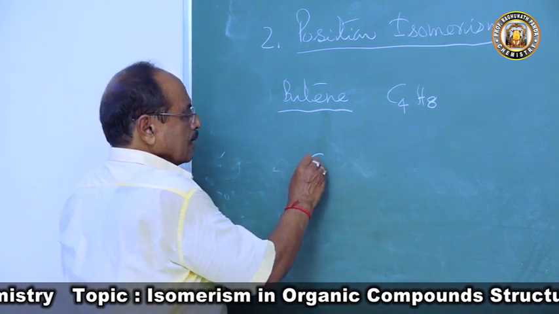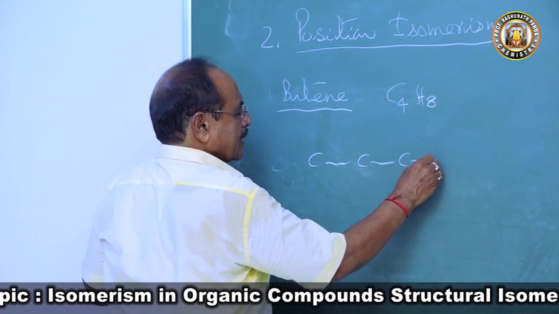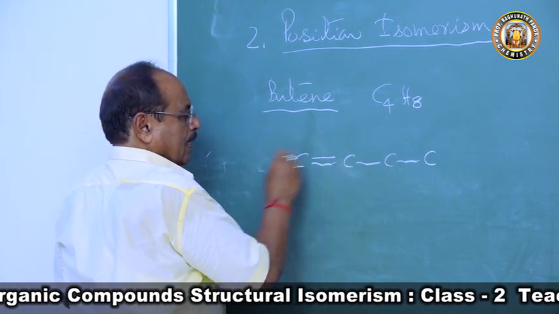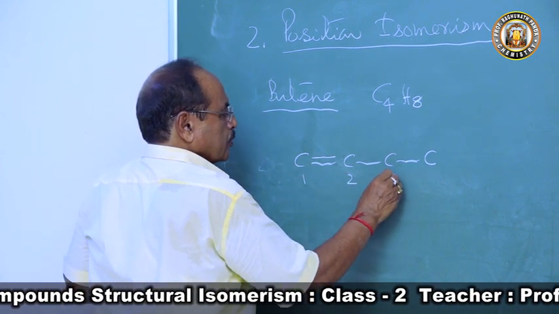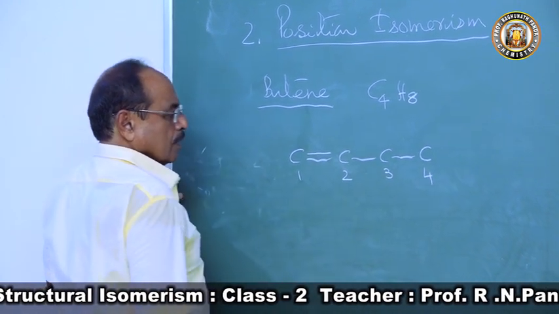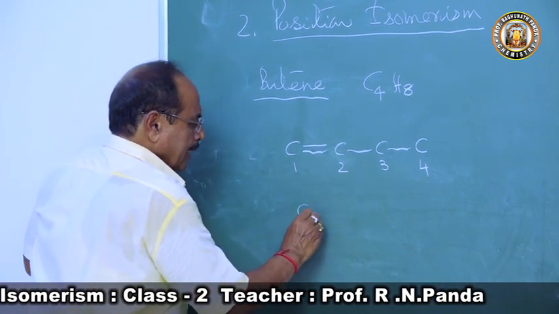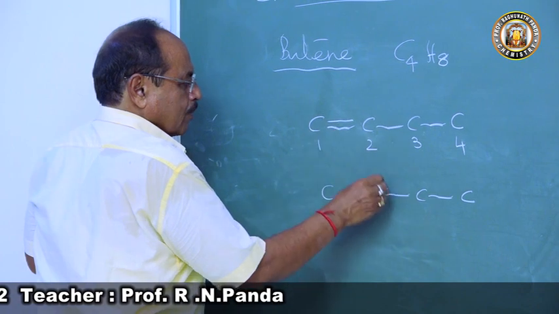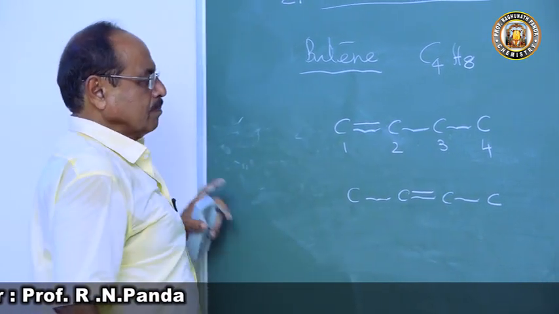We have 4 carbon atoms; we can write them in a long chain and put the double bond at carbon 1: 1, 2, 3, 4. Or we can write the 4 carbon atoms in a long chain and put the double bond at carbon 2.